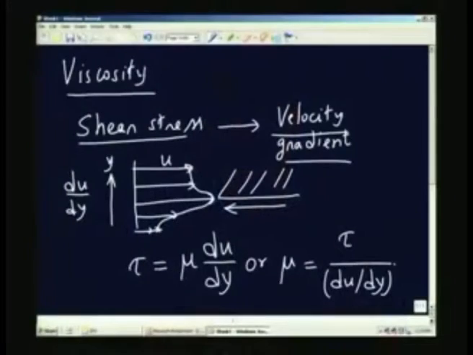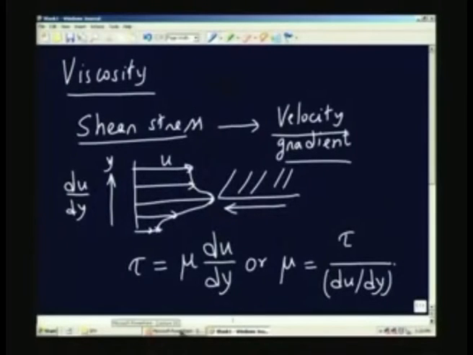Therefore, the shear stress is itself not directly measured, but it is the effect of the shear at the wall which gives rise to the pressure drop along the direction of flow which is measured, and therefore the evaluation or estimation of viscosity is through the effect of viscosity, which is to create a pressure drop along the flow direction.